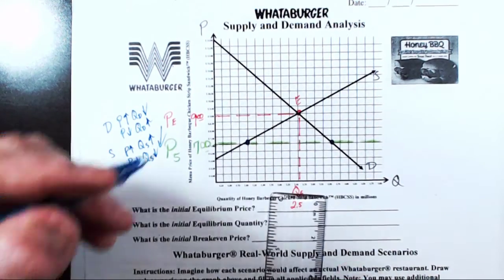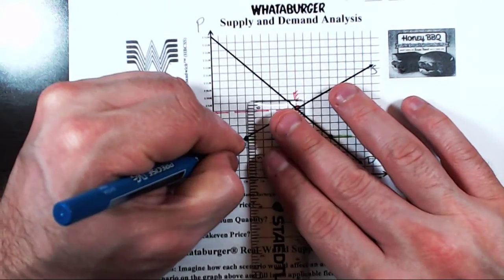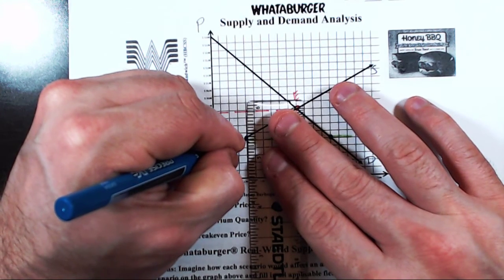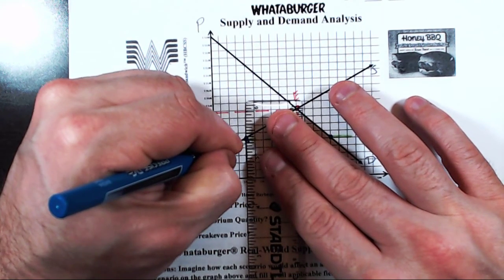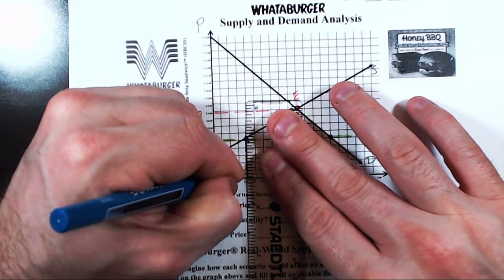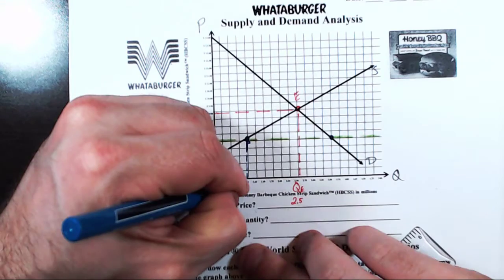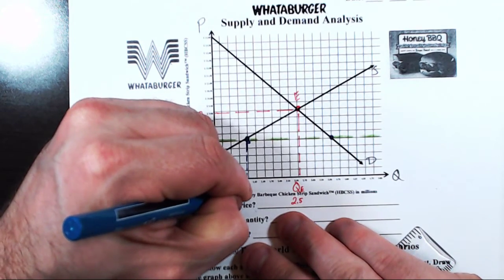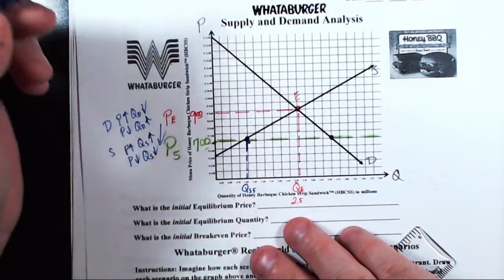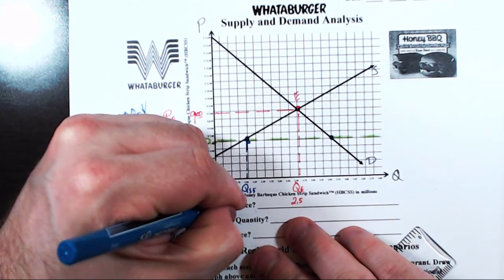Okay, so what is that? Well, we drop down from the supply curve to find the quantity supplied. And that quantity supplied for scenario number 5 is equal to 1 million sandwiches.